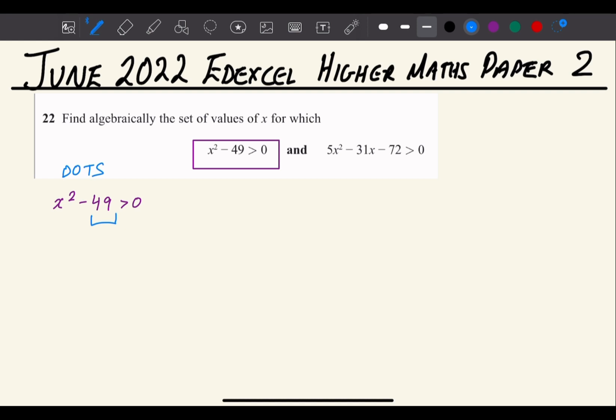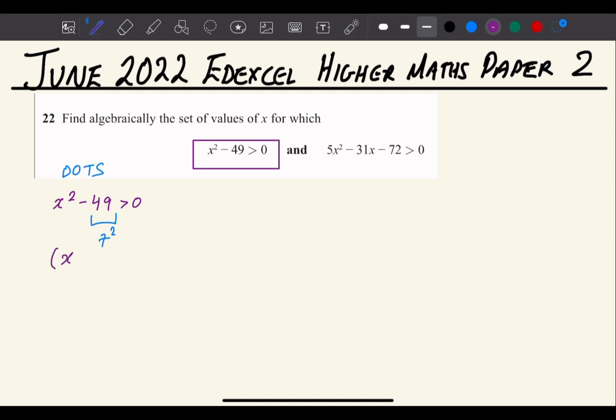Forget the minus sign for now. Obviously 49 is 7 squared. So if you see a square number and no x terms, it's a difference of two squares.